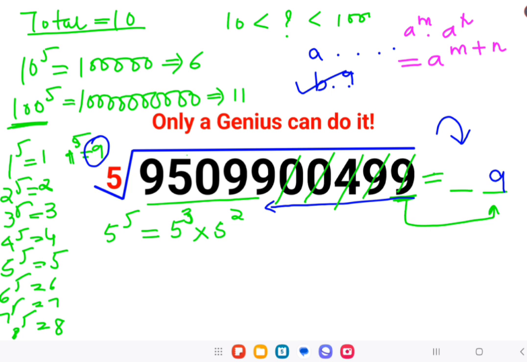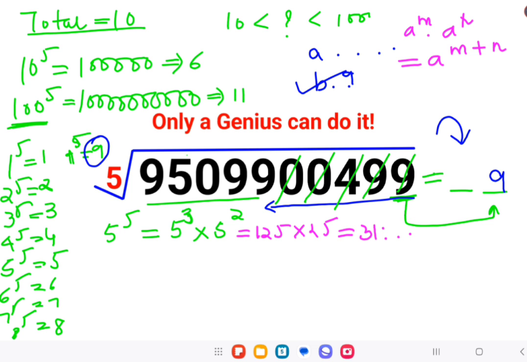Using that, this looks like 125 into 25. That answer is 3125.